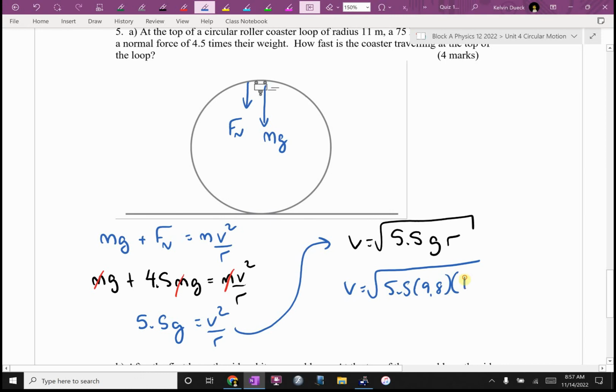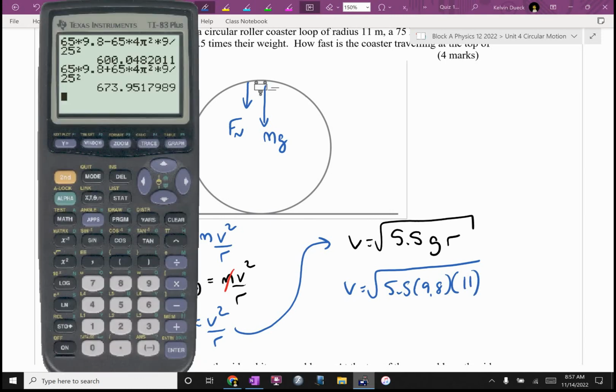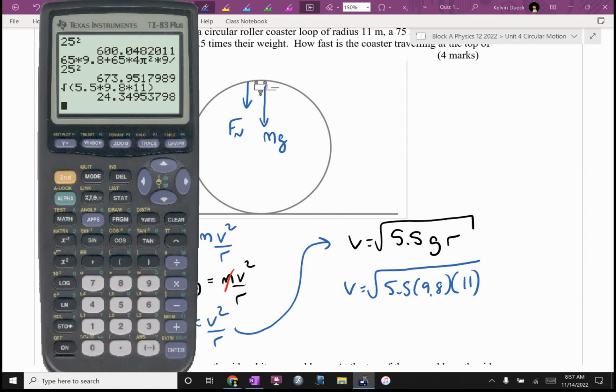Um, 11. Now, if you didn't cancel out the m's and gather like terms, you're fine. You should end up with the same answer as me. 5.5 times 9.8 times 11. Did you all get 24.3 meters per second?